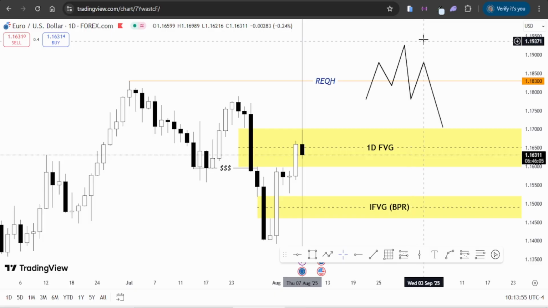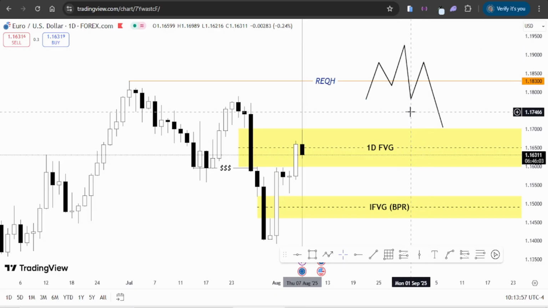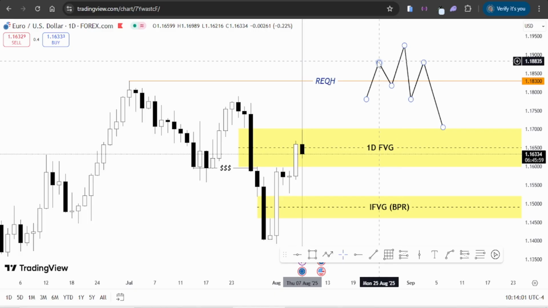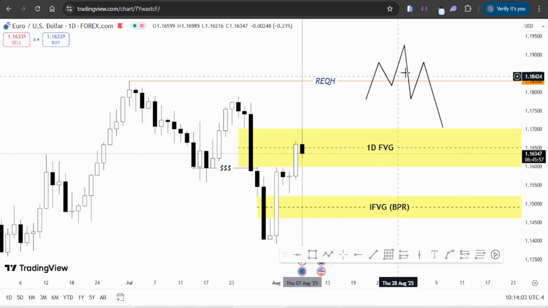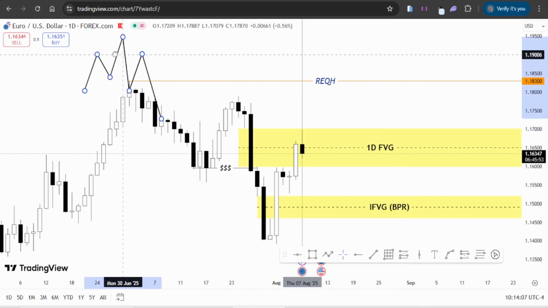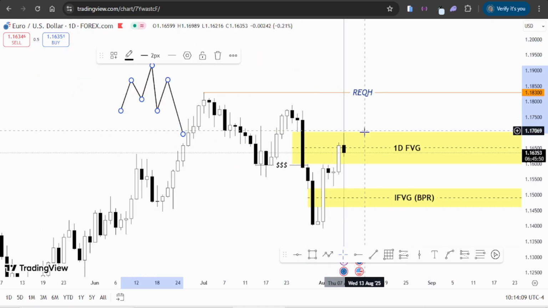But then instead of continuing to the upside, it broke down past the leg that took this high. So this is what we would have been looking for in a perfectly bearish structure.